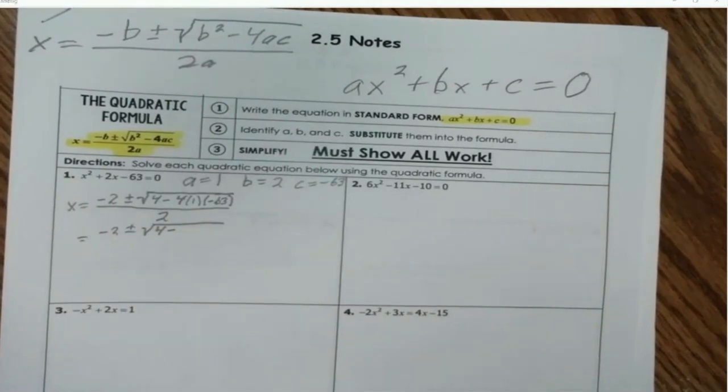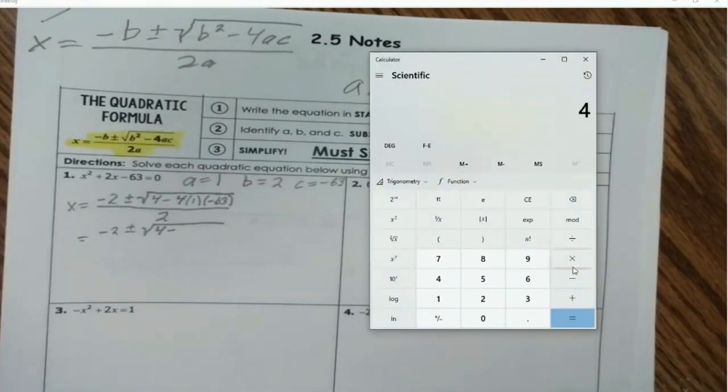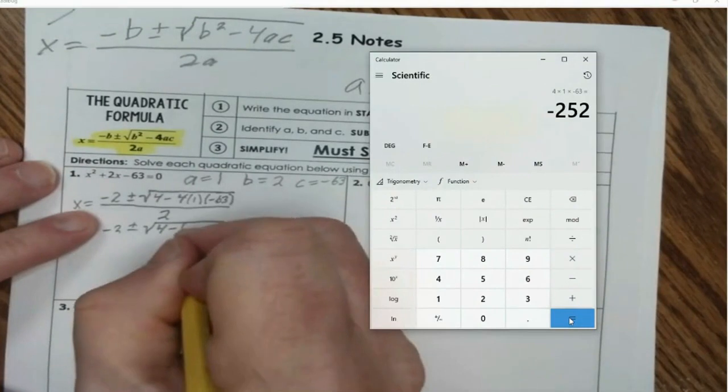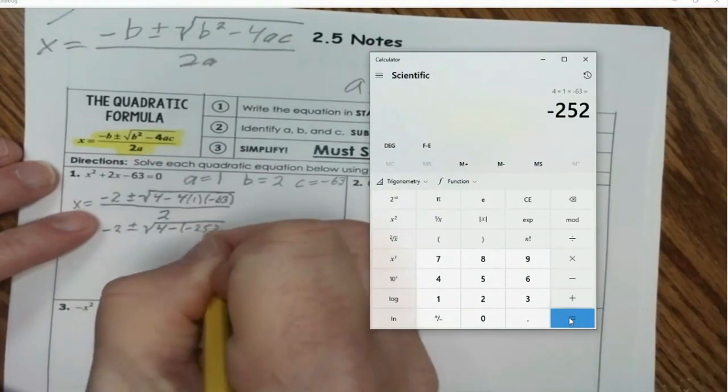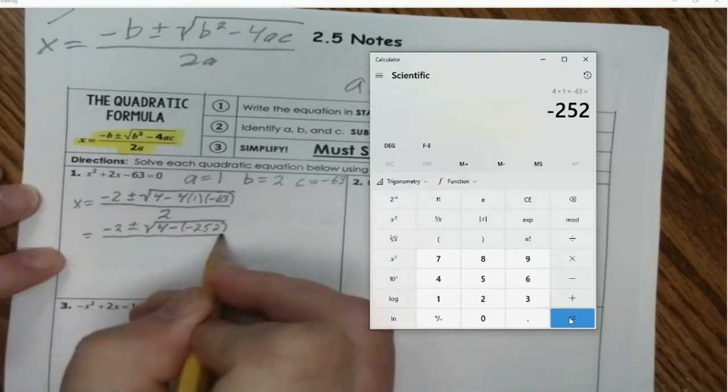So let's pull up a calculator and make sure we don't mess something up. 4 times 1, we know what that is. So 4 times 1 times negative 63 equals negative 252, and all of that is over 2.